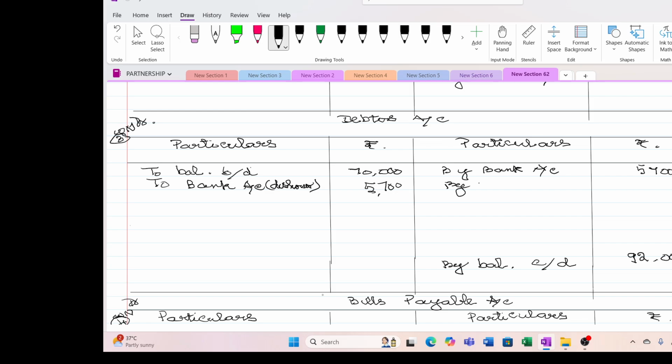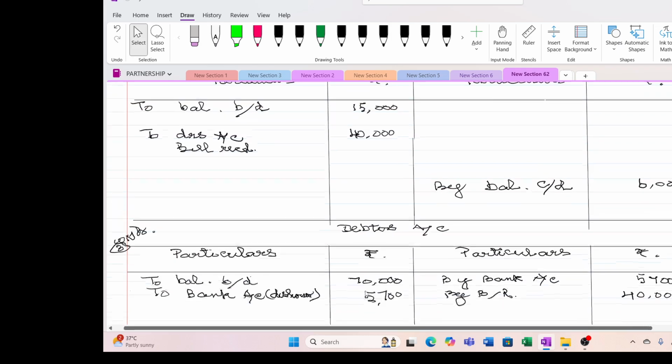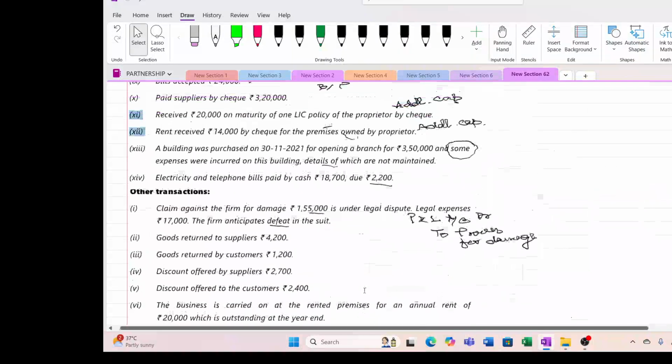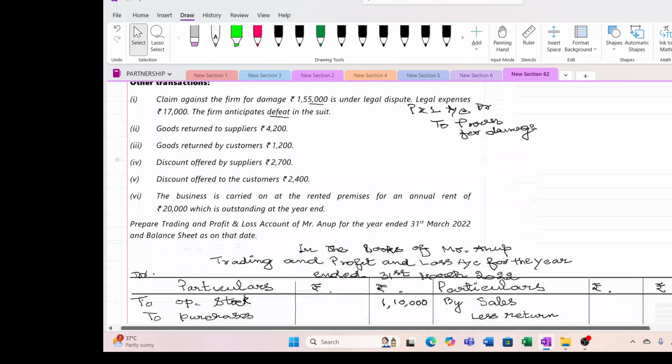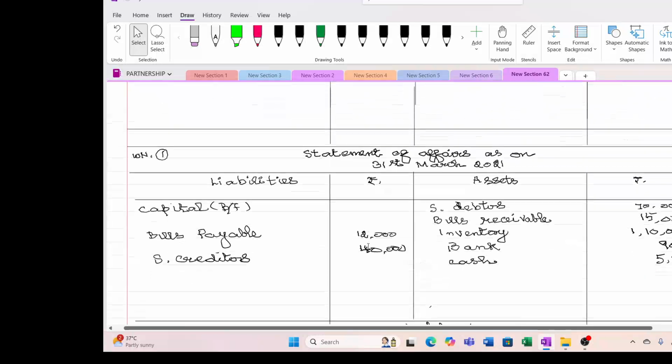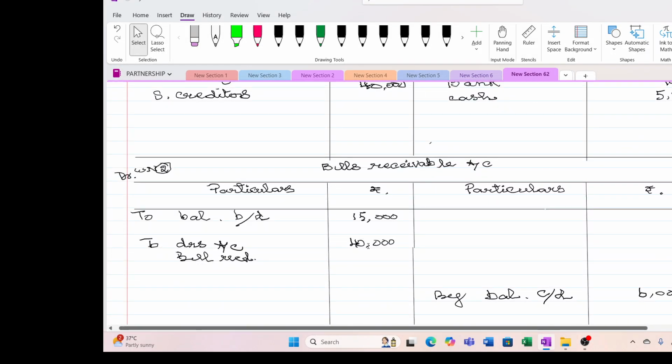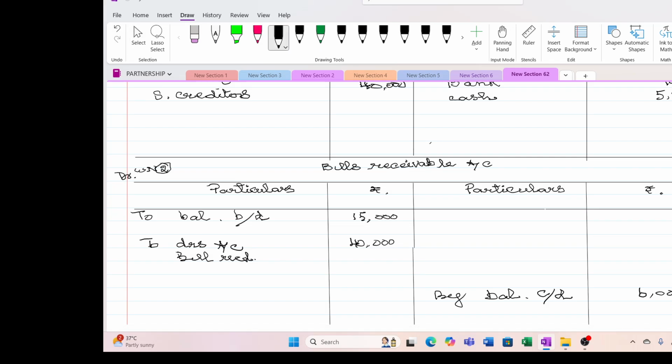By bill receivable 40,000. Okay, so the next item, bill endorsed, means you have to debit the creditor to bill receivable. Bill receivable is going out by creditor's account. Bill endorsed.